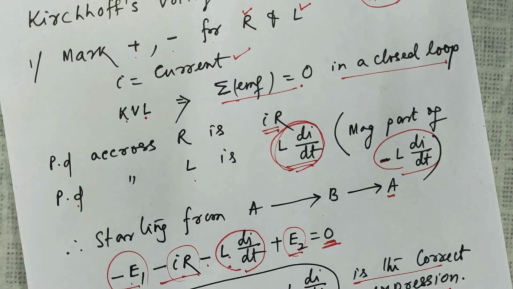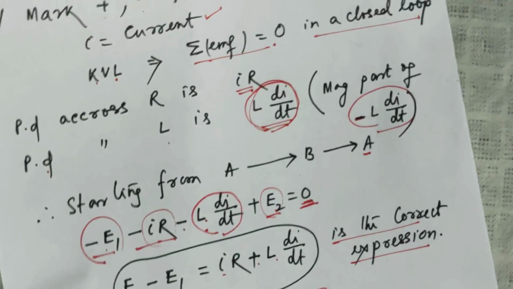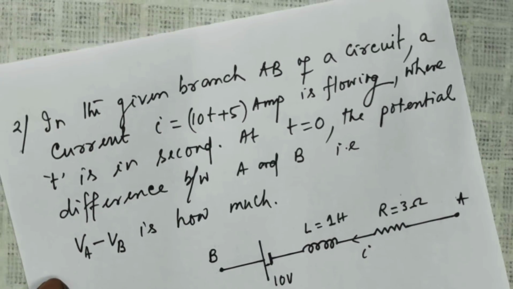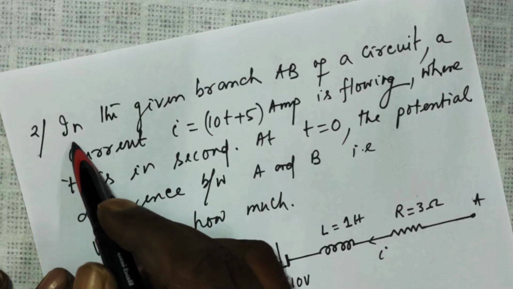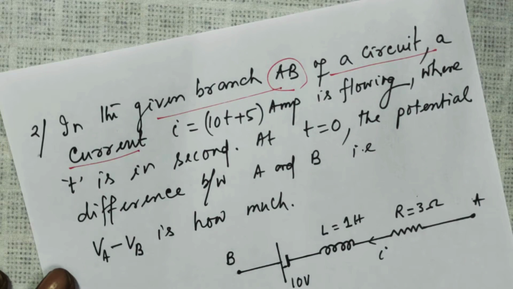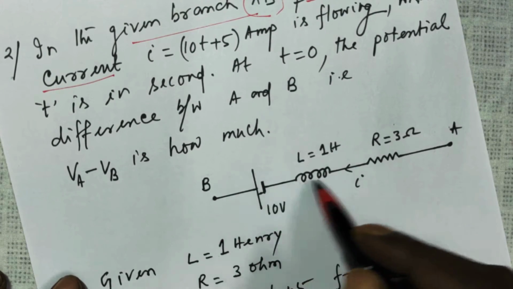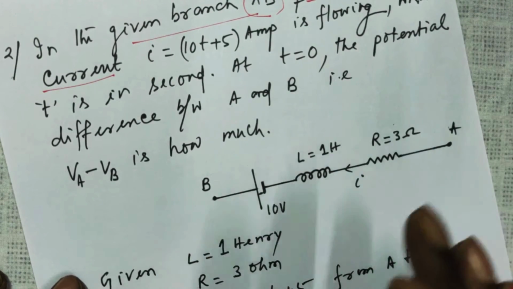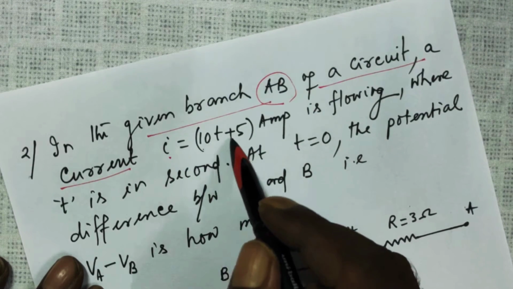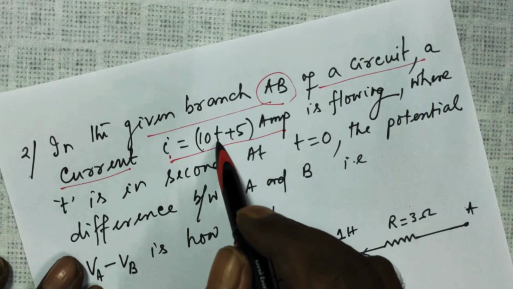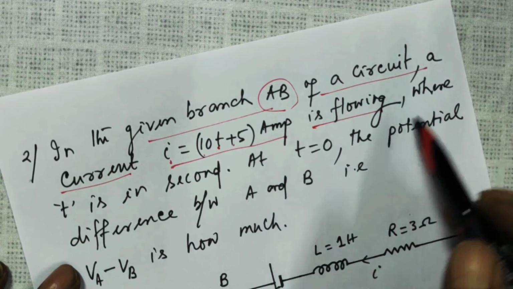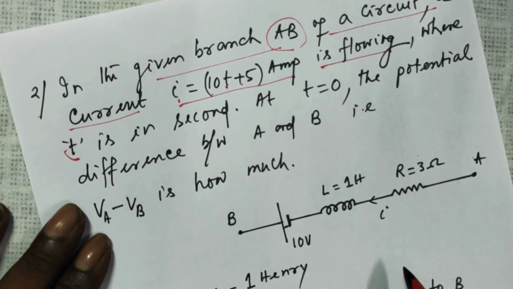Now let us go to the second numerical. I hope it is clear. Let us go to the second, then we will go to the third one. And now it will be very convenient for you. In the given branch AB of a circuit, which is part of a complete circuit, the current is 10t plus 5 ampere, meaning the current depends on time, where t is in seconds.